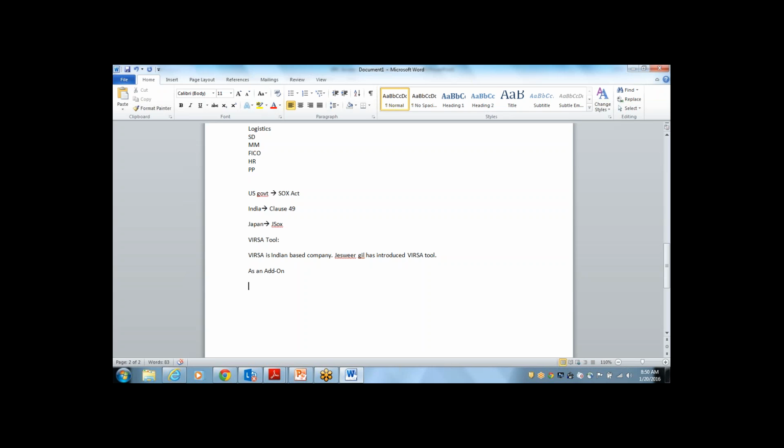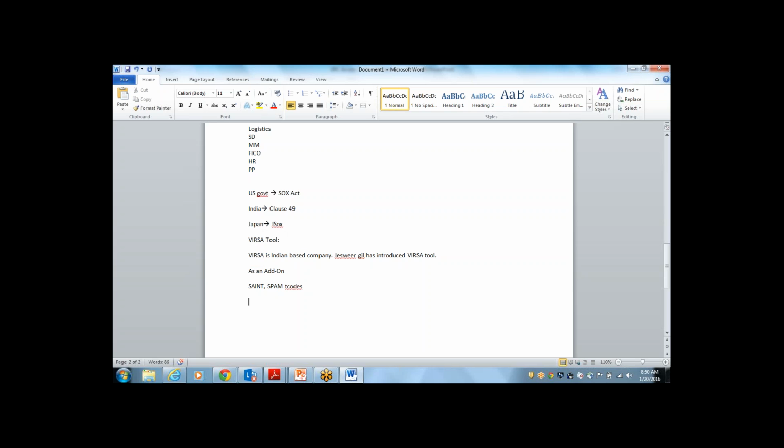So how will it be integrated? As an add-on. By using the SAINT transaction code and SPAM, it's a part of Basis, so Basis guys will take care of it. By using SAINT and SPAM T-codes, they deploy this Virsa tool in our SAP system.